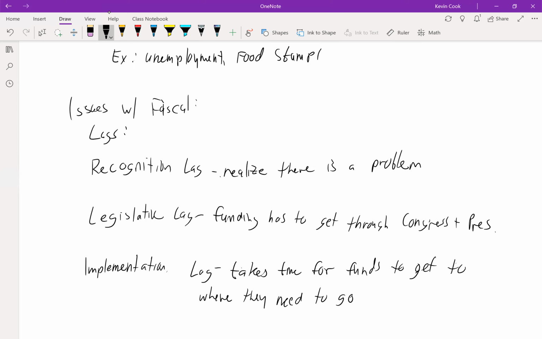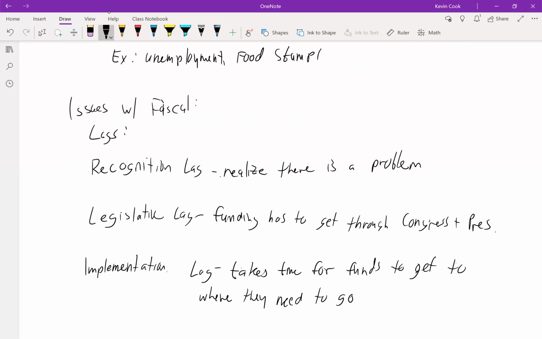So when we think about the issue with the coronavirus, for recognition, it took us time to realize, hey, there's a virus, and it's actually a real thing that we need to be thinking about. For the legislative lag, it took time for the CARES Act to get from the House to the Senate to the president. And for implementation, it takes time for the stimulus checks to actually get out to the people. The IRS has posted a schedule.